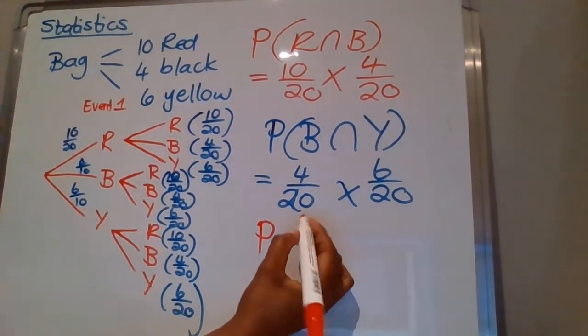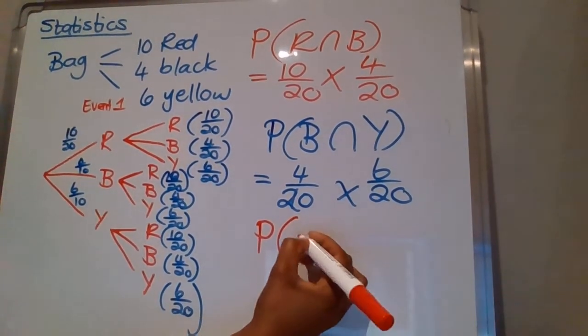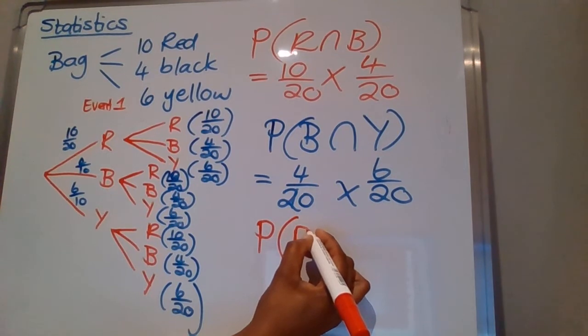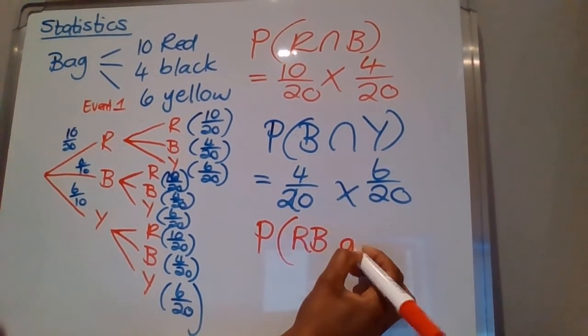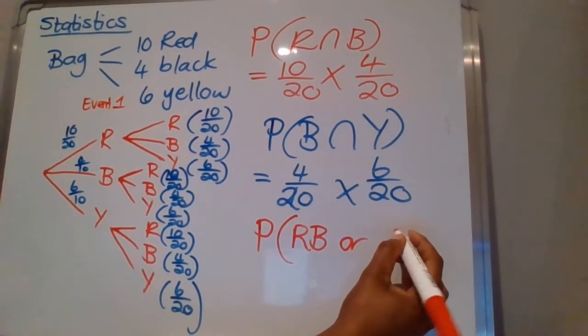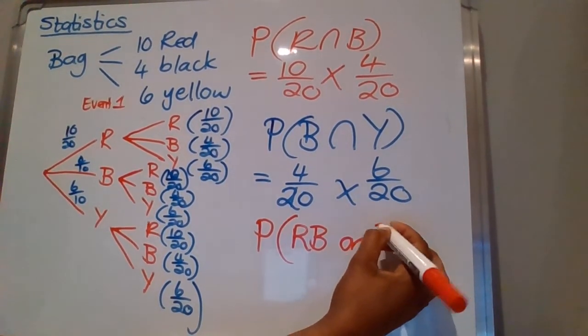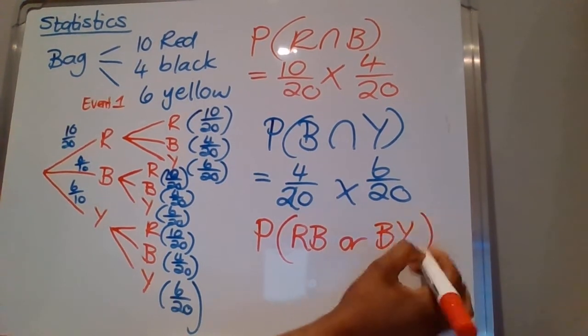okay, so what is the probability of me picking, when I pick out my 2 balls, I pick a red and a black, or I pick a black and a yellow.